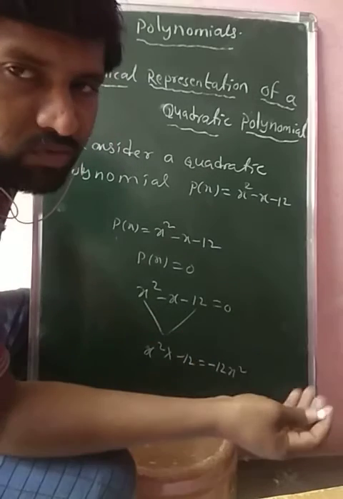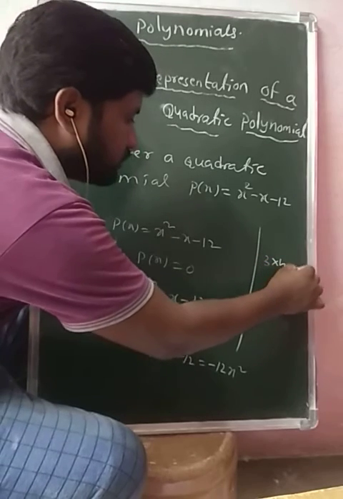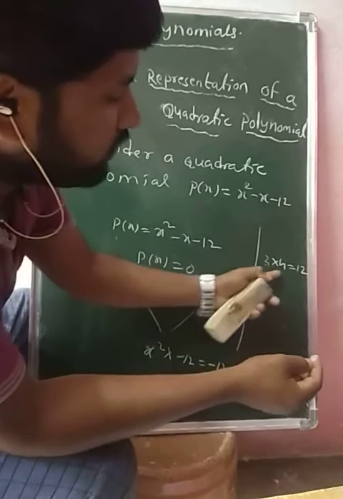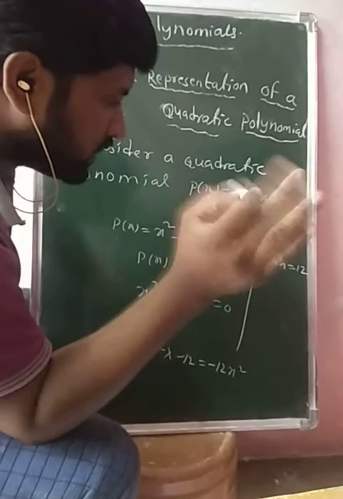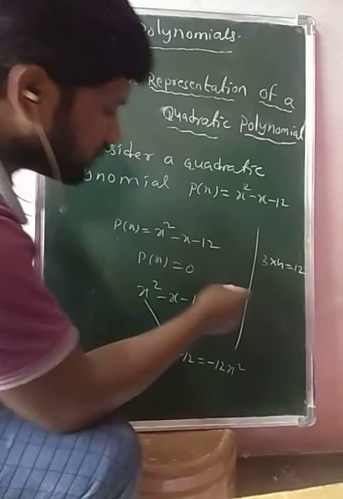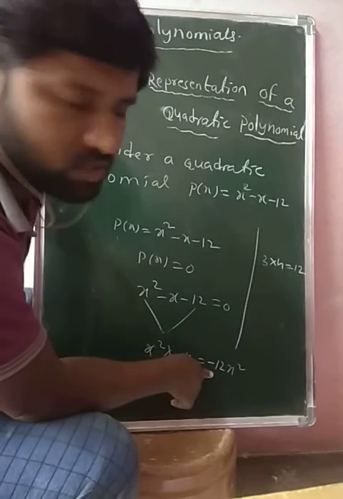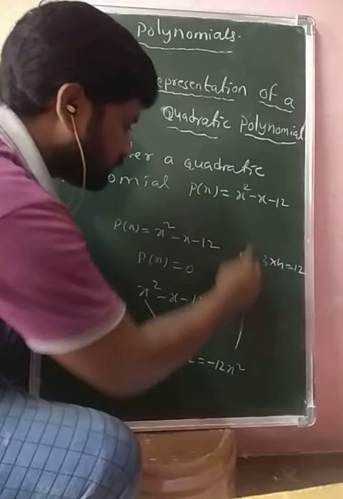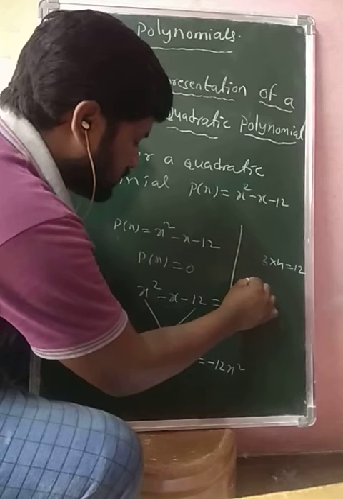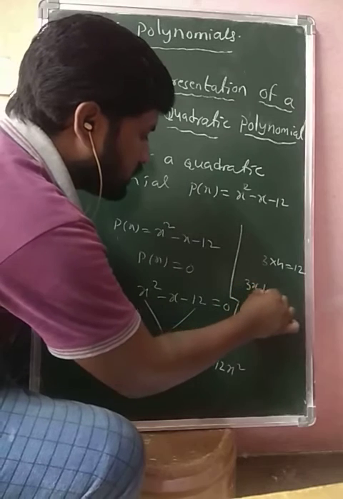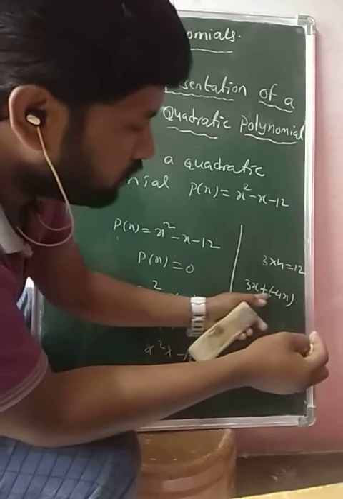So what are the possible factors of 12? I am taking here 3 fours are 12. Clearly 3 and 4 are factors of 12. If you add the two factors, the sum is minus 1x and the product of the two factors is minus 12x square. That's why, observe carefully, 3x plus minus 4x.